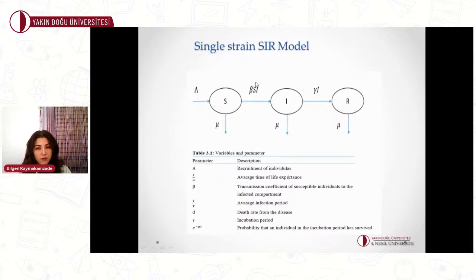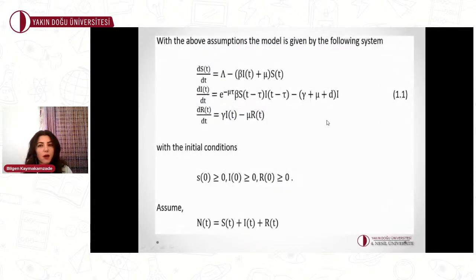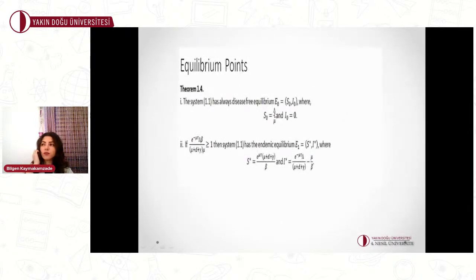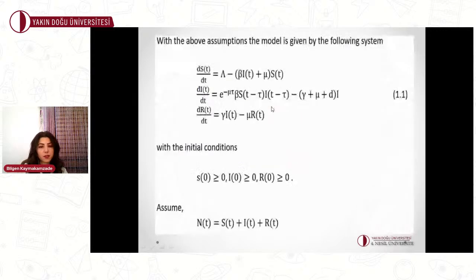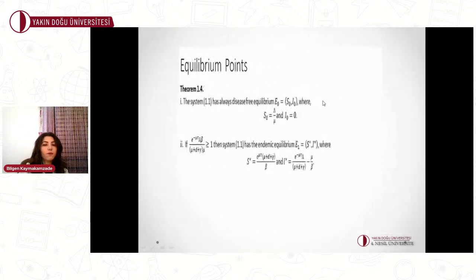And using this structure, we construct our 3x3 system, and we try to do the analysis of this one. First of all, we find the equilibrium points for this disease. What is an equilibrium point? When we set the right hand side of this system equal to 0, we can find these 2 equilibrium points.